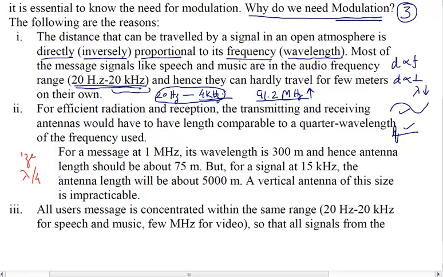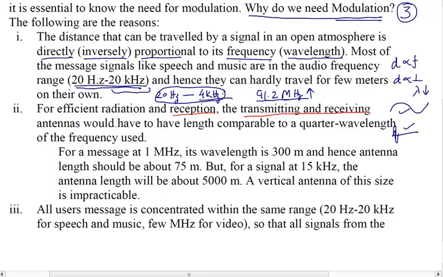That means whatever is the wavelength of the wave that we are going to use, that wavelength divided by 4, that much size antenna you have, then it will work the most efficiently for receiving as well as transmitting.